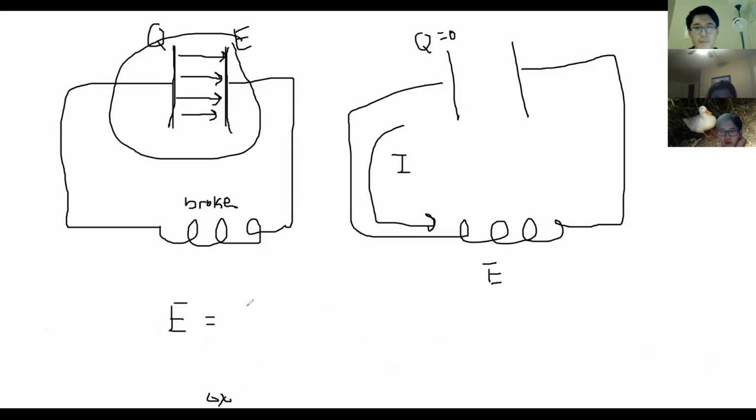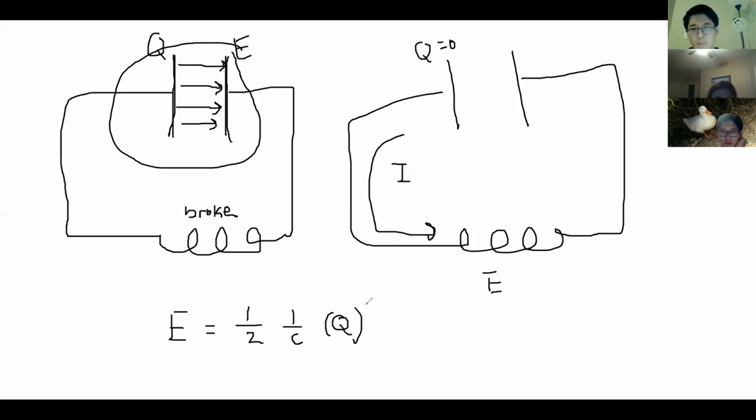So it will be 1/2 1/C, I forgot the equation, and then Q squared, I think, yeah. That'll just be the max energy. They might ask for max energy in a question or something. This is how you'll calculate it. This is just the initial charge in the capacitor.